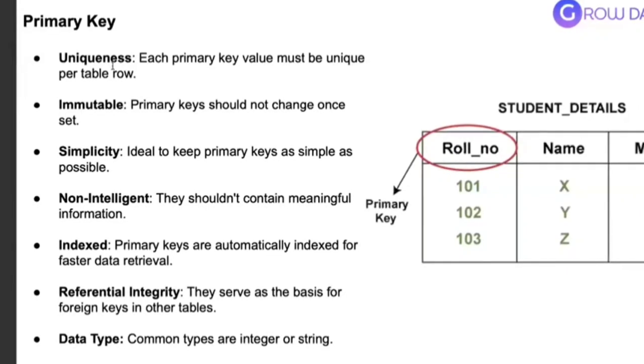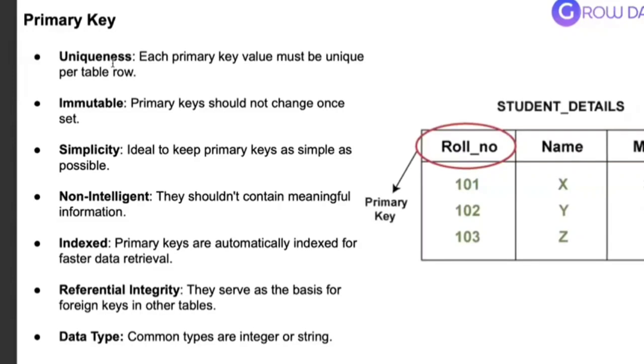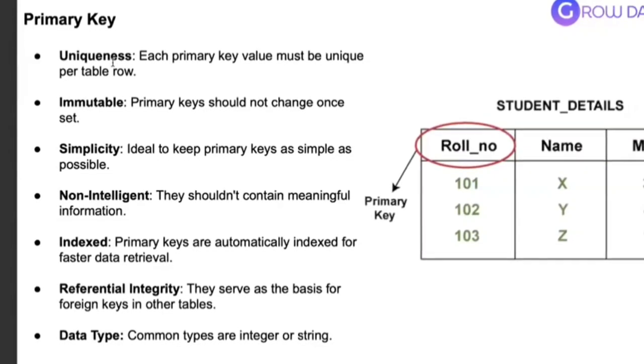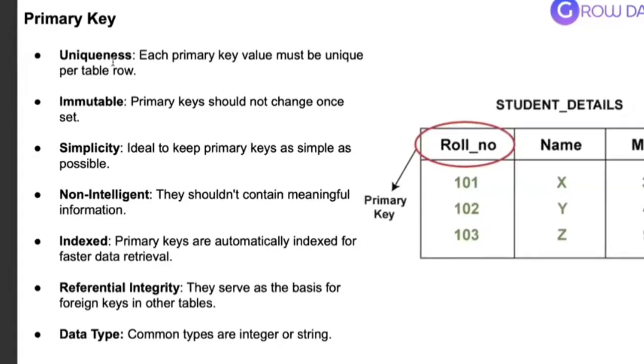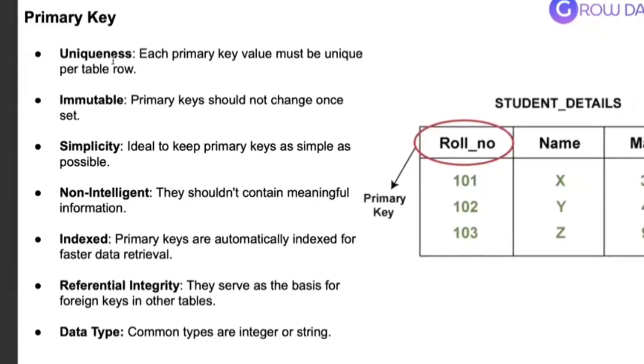So here, first, let's talk about the primary key. Yesterday as well, we talked about it, right? Primary key is basically any column in your data set, or not always a single column, but even a set of columns.